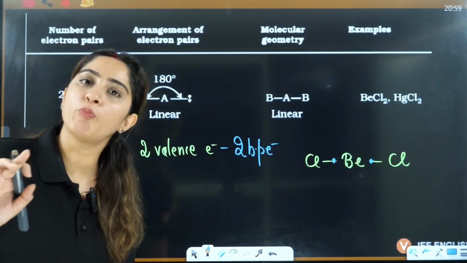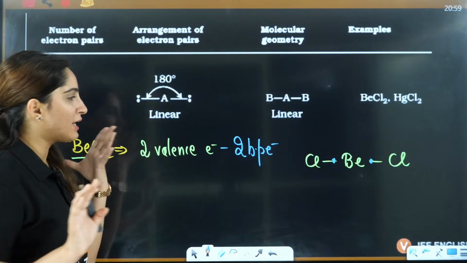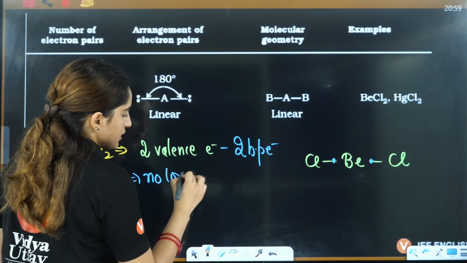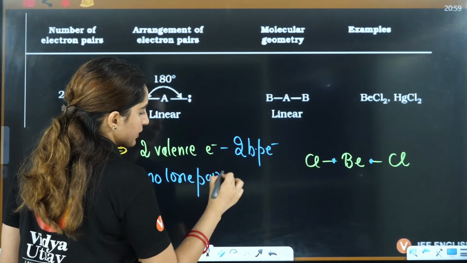From beryllium, 2 bond pair electrons, and the valence electrons are also 2. That means there is no lone pair.